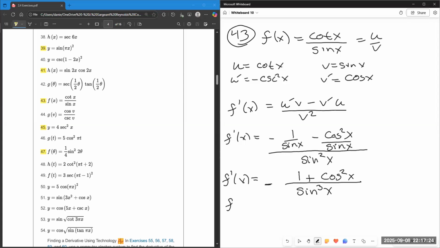So I'm going to call that f prime of x is a negative cosecant cubed, and then that's going to be minus a cosecant times cotangent squared.